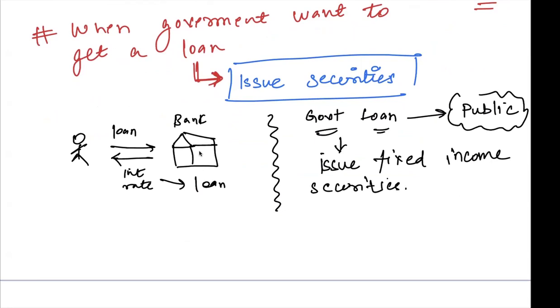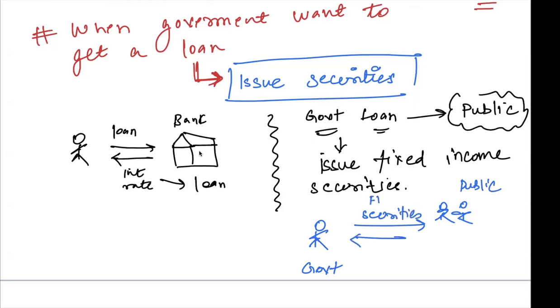So what does that mean? Let's say this is government, and they go to the common public. They issue fixed income securities, and in return they want money.